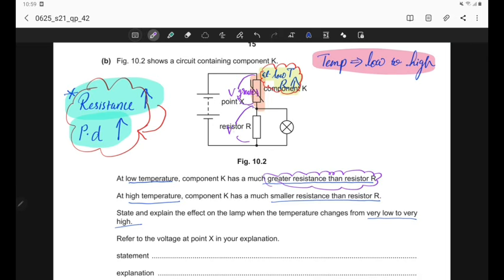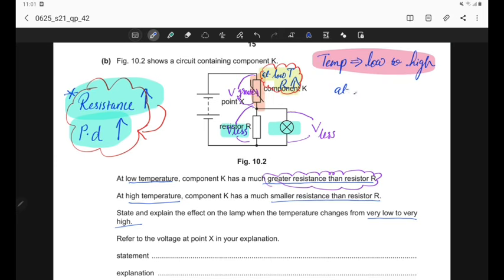resistor. So here the voltage across R will be less, and this same voltage is shared with the lamp because they are in parallel connection. So as the voltage across resistor R is less, the voltage across the lamp will also be less, because the lamp and resistor R are connected in parallel.